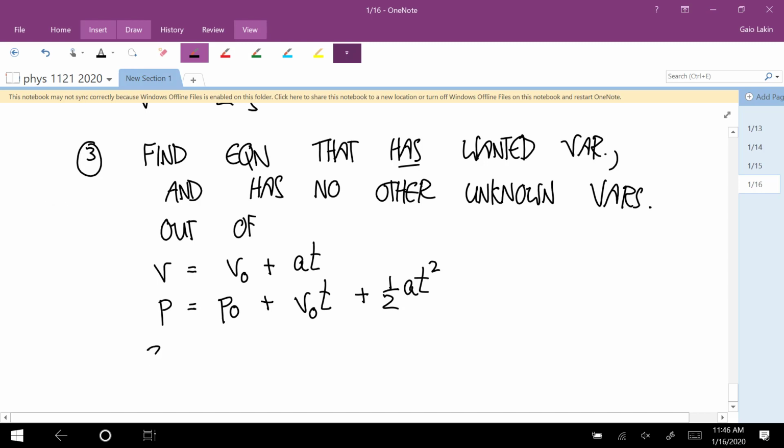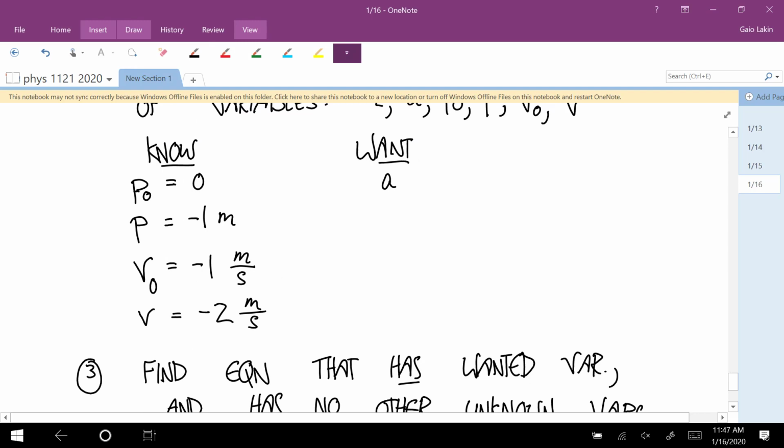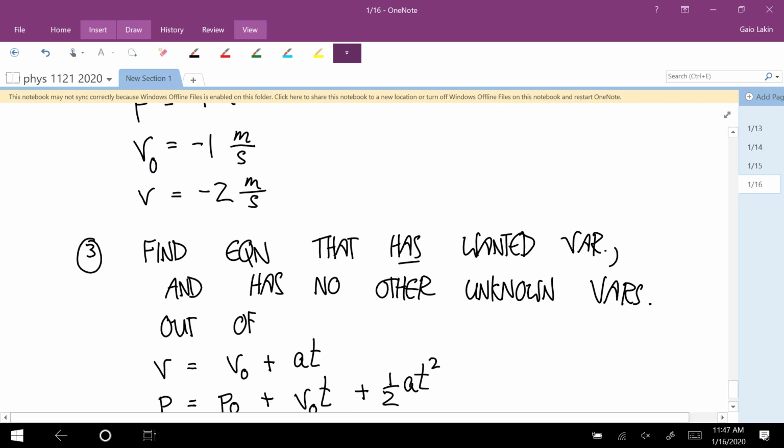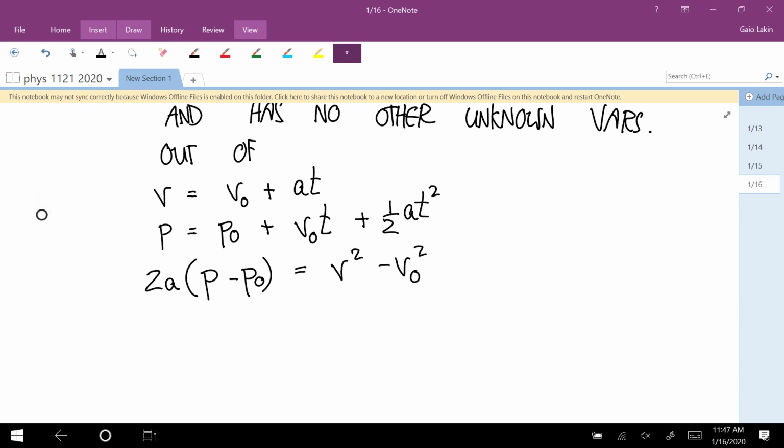And then the last one says 2A times the quantity P minus P0 is equal to V squared minus V0 squared. So is there one of those three equations that is going to work with this to let us calculate A? The last one, yep.